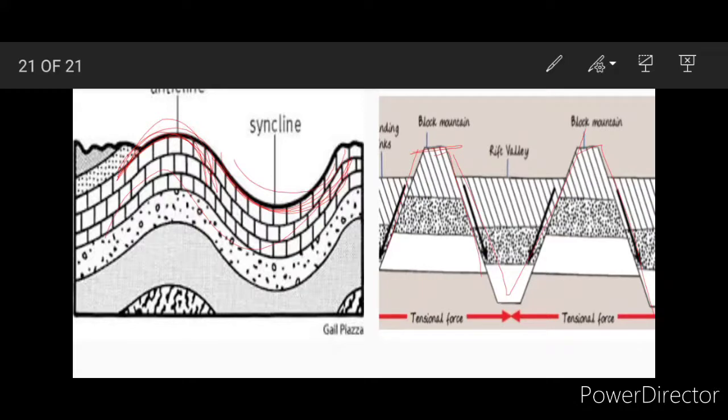So all of these that we saw, anticlines, synclines, block mountains, deltas, what are these? These are geographical features. They are naturally formed. Okay, now how do we represent them? We represent them using diagrams. Similarly we use sketches, plans, directions, and maps and globes. Okay, thank you.